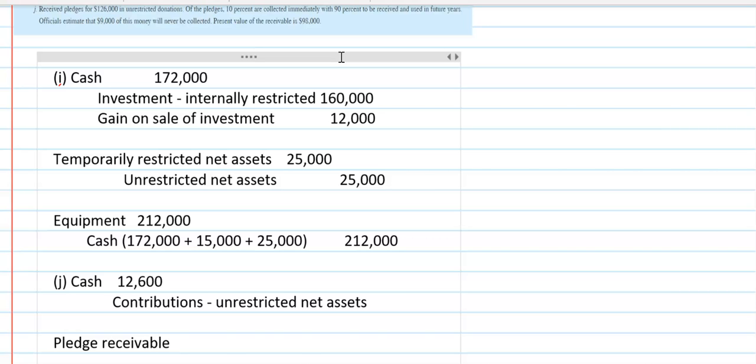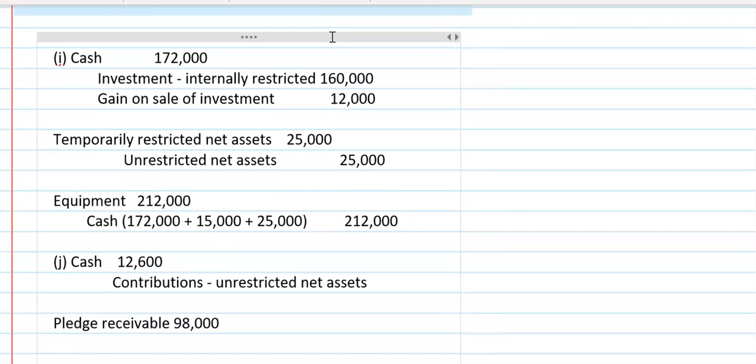Of course I have to record it as per the present value, which is $98,000. And at the same time, I know that we'll not be able to collect $9,000. So I will show those under the allowance for uncollectible amount. So I will credit those as allowance for uncollectible.